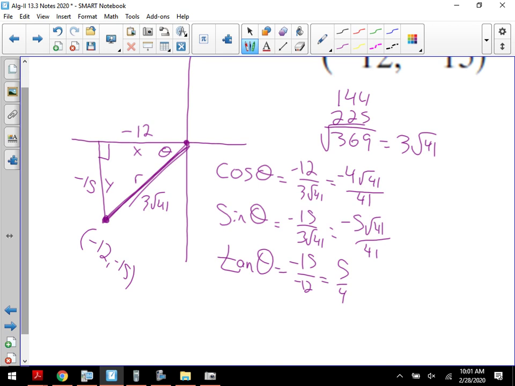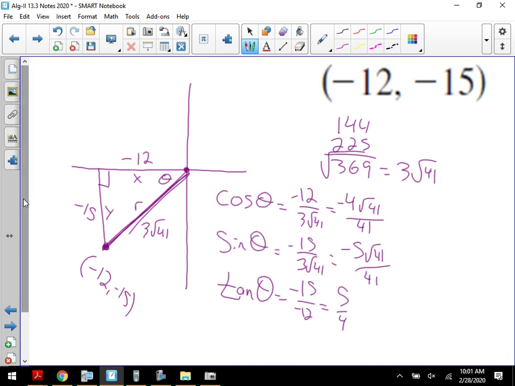Now, as you go through this, how did we find the radius? We did Pythagorean theorem, right? But instead of a's, b's, and c's, we did x squared plus y squared equaled r squared. Wasn't our radius then the square root of x squared plus y squared?